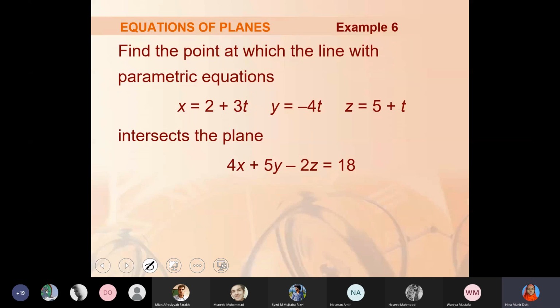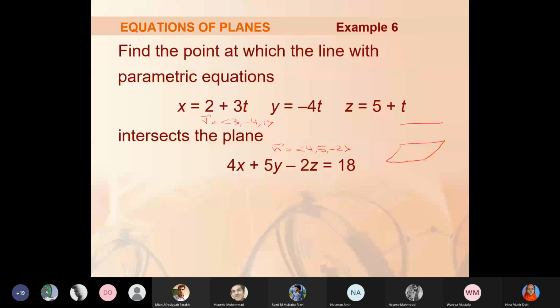Also, if the line is parallel, then we cannot find the intersection point. This is my vector v to which the line is parallel, 3, minus 4, 1, and the normal vector is 4, 5, minus 2.